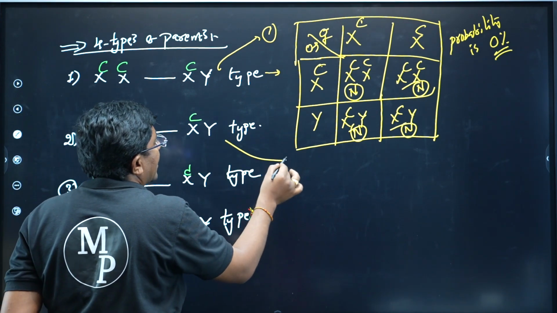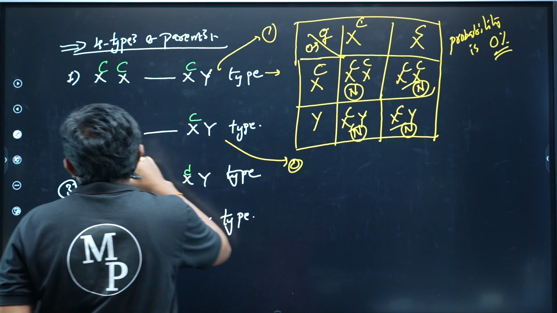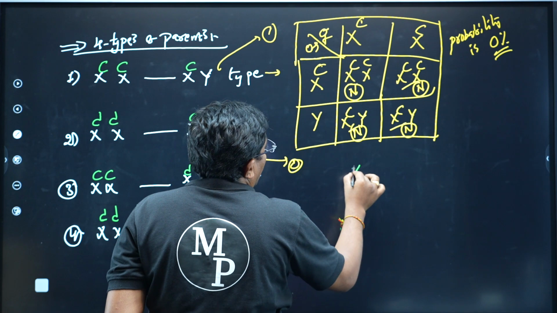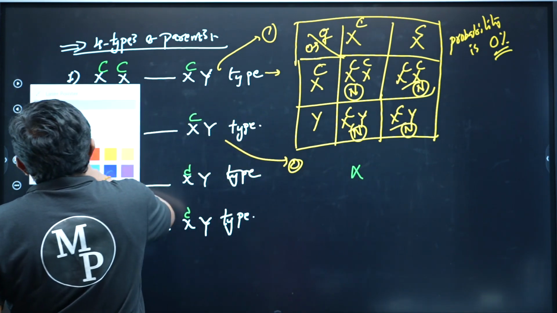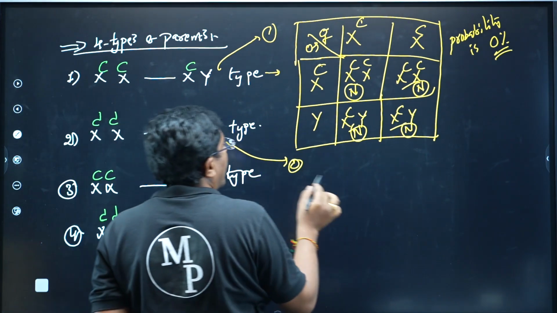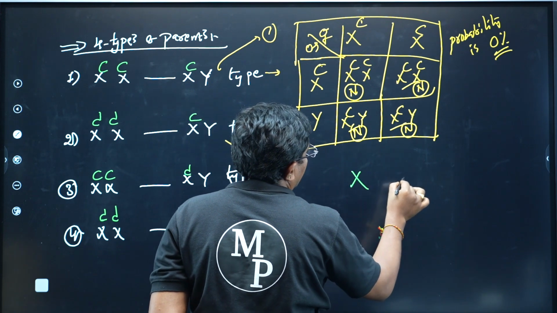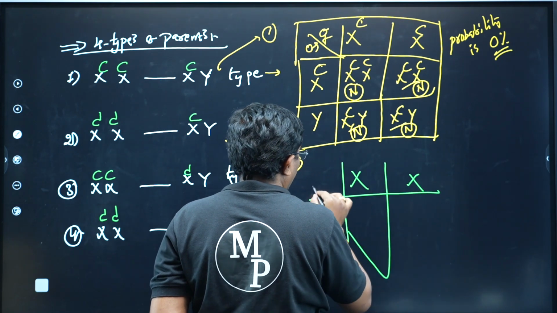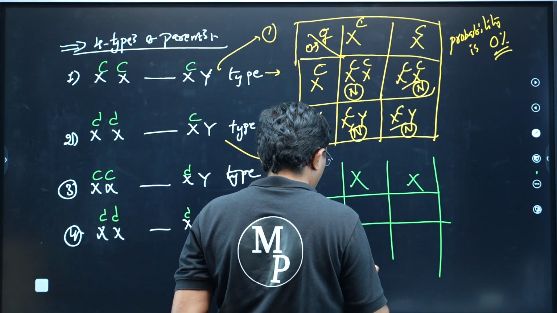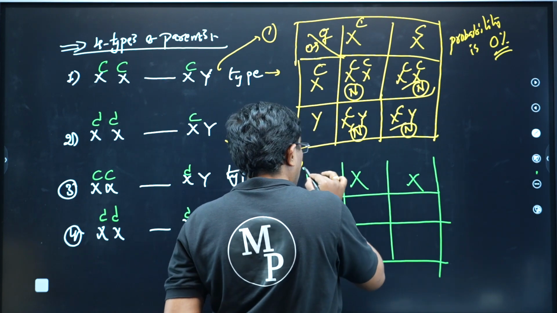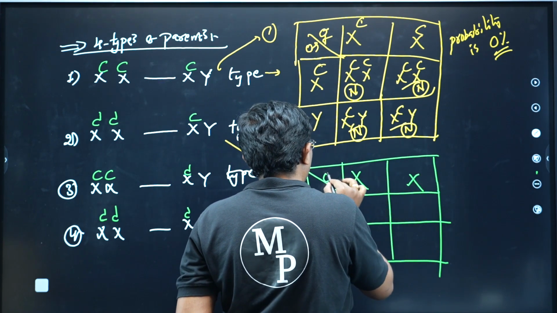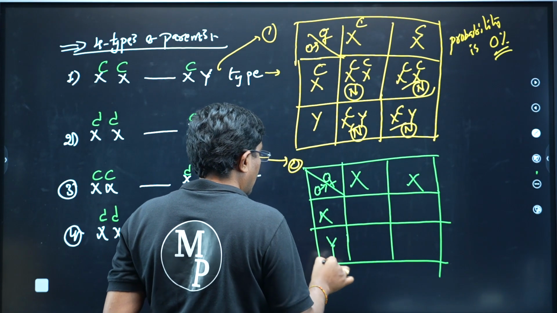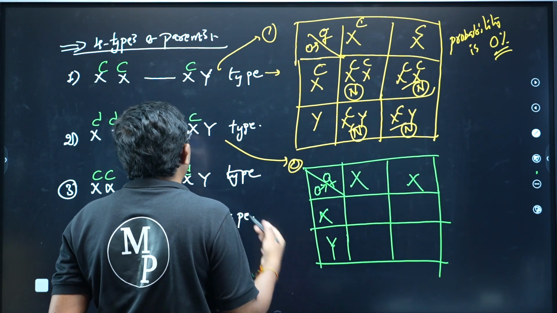Next, the second one. For example, on one side it is X, and on the other side male, female karyotypes.